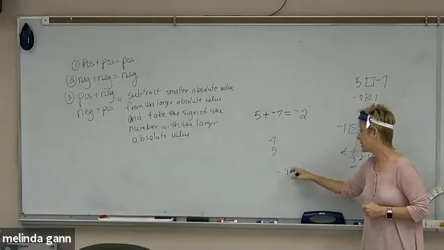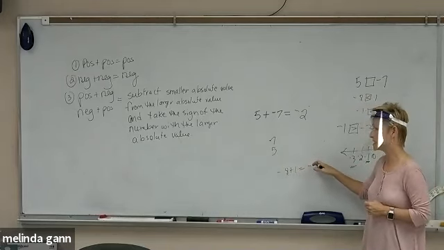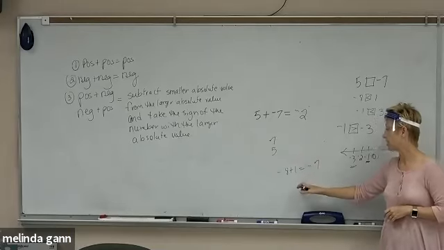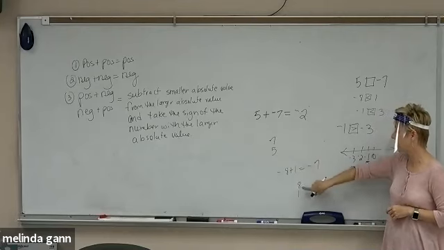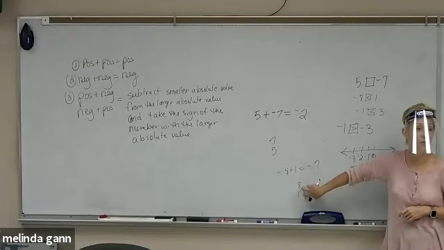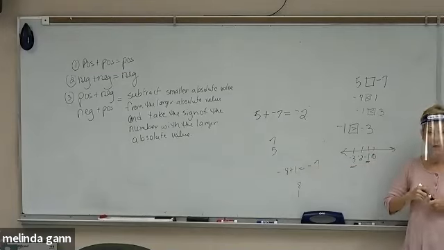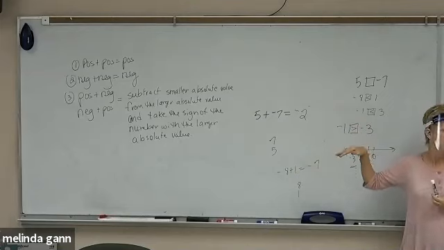But a -8 plus 1 isn't a +7, it's a -7. Because the absolute value of that -8 is 8, and the absolute value of the 1 is a 1, and this 8's bigger than that 1. So you're comparing the absolute values, not the original numbers. Okay? So is everybody okay on adding?